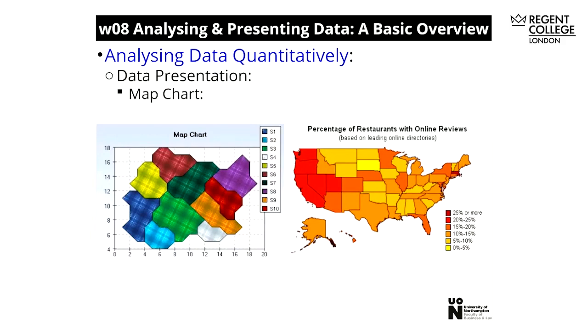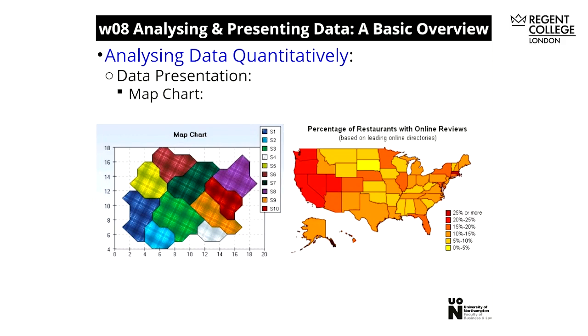And then we have the map chart. That's the simple one, because you can see there's a map in front of you. The example here on the right side is the percentage of restaurants with online reviews based on leading online directories.